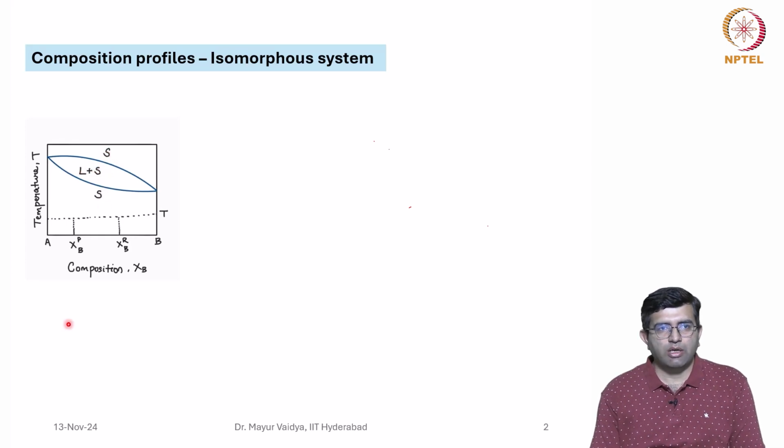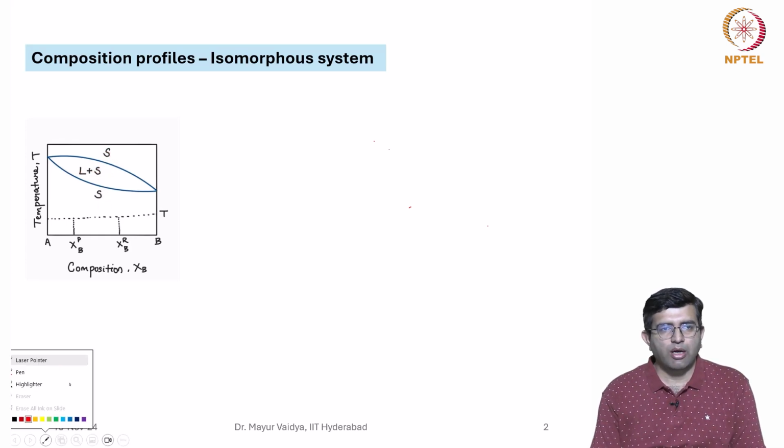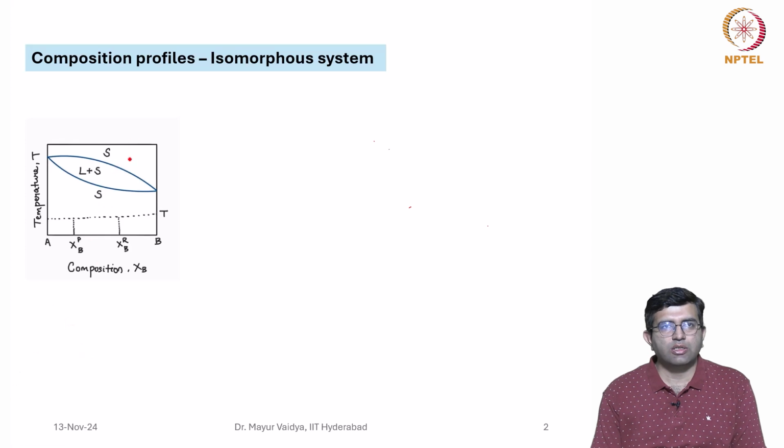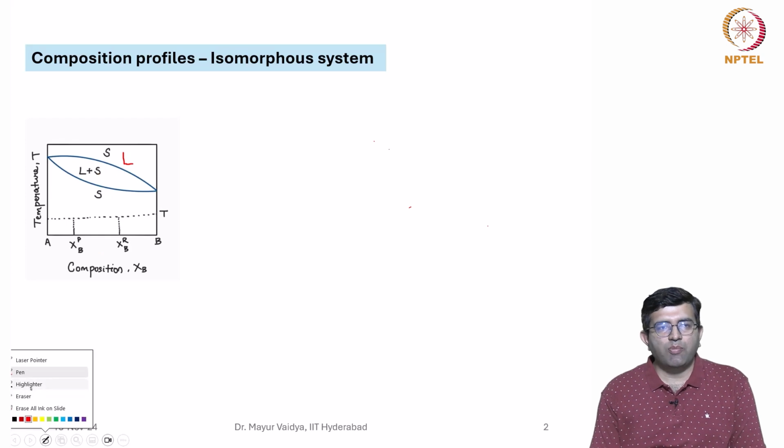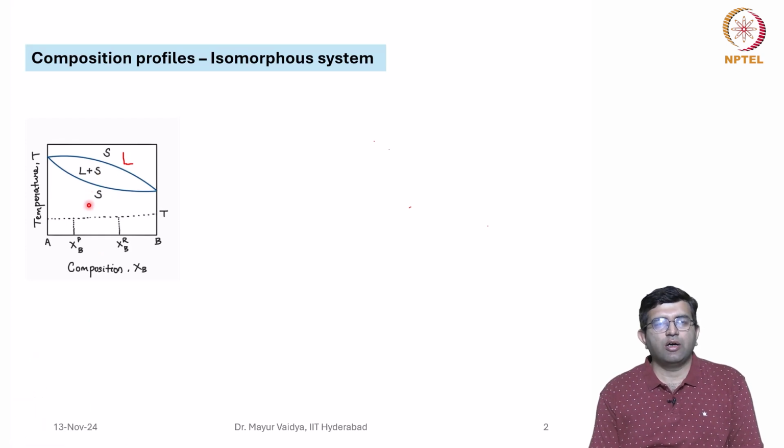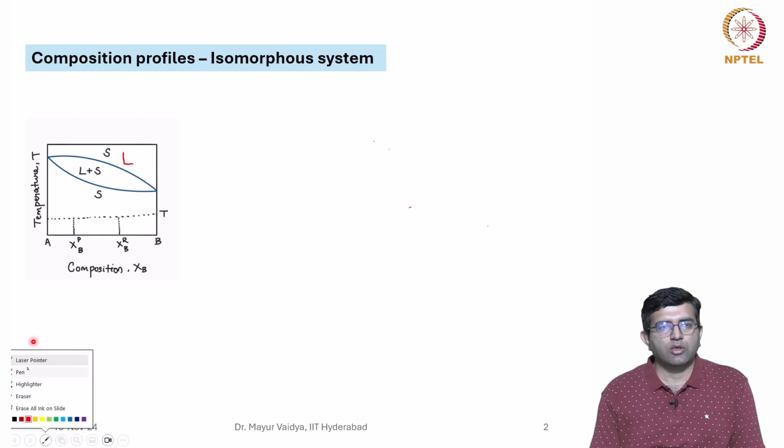This is actually wrongly marked. Let me correct it. This should be the liquid phase here, and then you have the complete solid solubility as well as the complete miscibility in the liquid. There is a region of liquid plus solid that exists. So let me just cross this out so that there is no confusion.